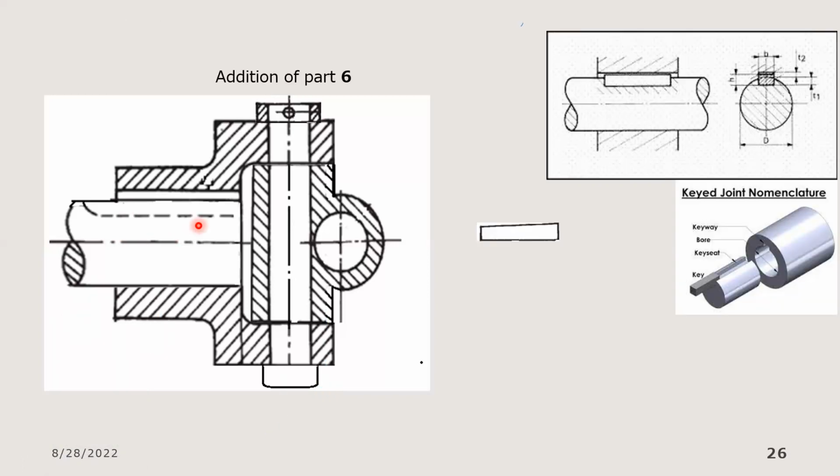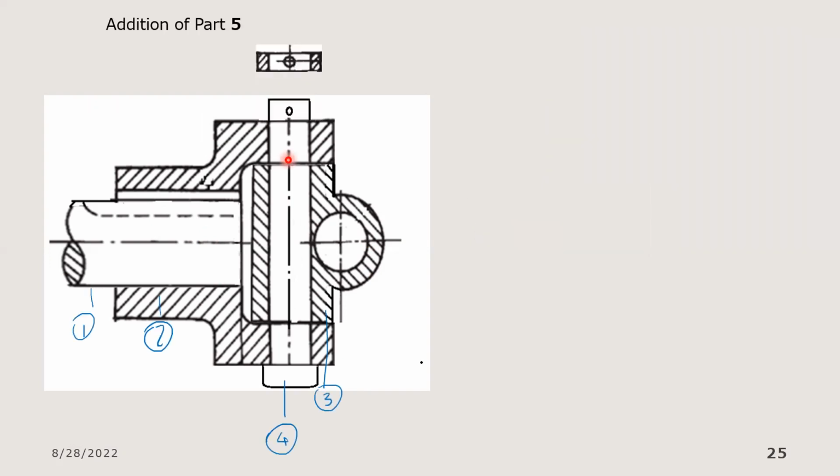But now we are going to have to add the next part. Now, if you look at the dimensions carefully, hold on, there's a part we left out. Sorry. So this is part 4. On part 4, there is a dimension of 16. This rod has a diameter of 16.